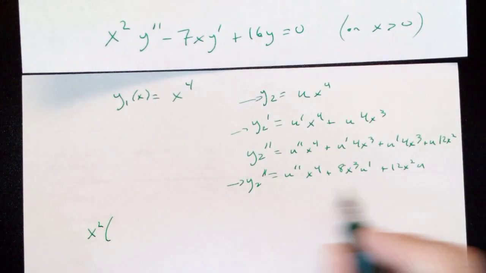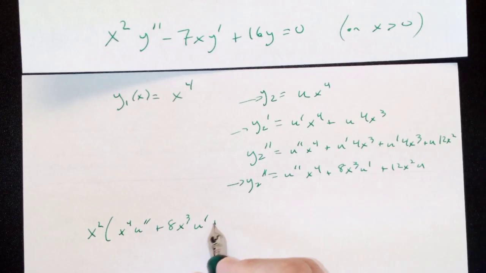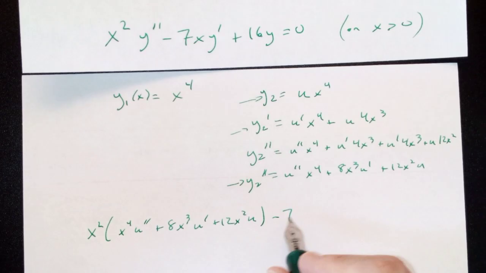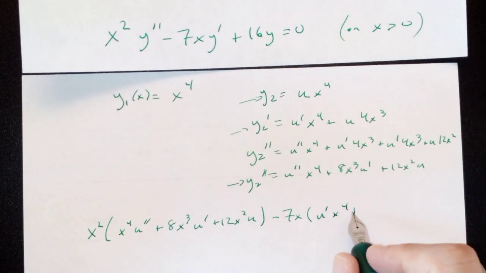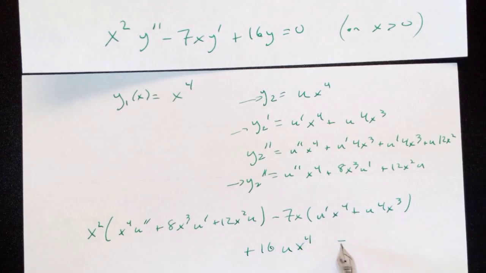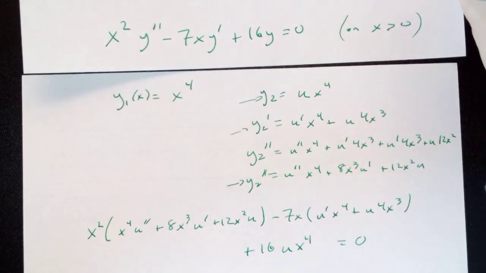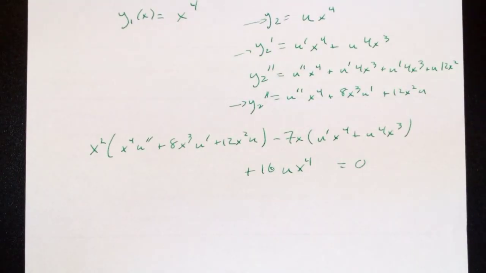x squared times y double prime, minus 7x times y prime, plus 16 times the original should be 0. A large amount of regrouping in algebra.